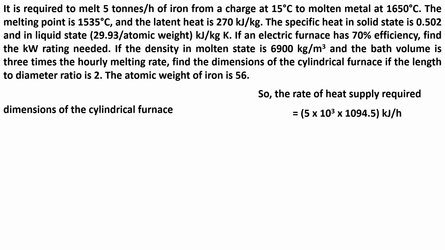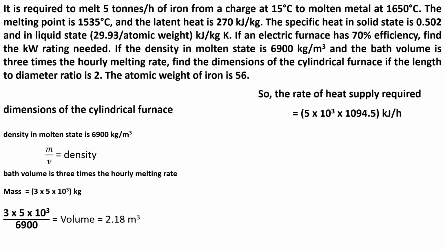Next we calculate the dimensions of the cylindrical furnace. Here it is given that the density in molten state is 6900 kg per meter cube, and we know density equals m by v. In the data it is mentioned that the bath volume is 3 times the hourly melting rate.